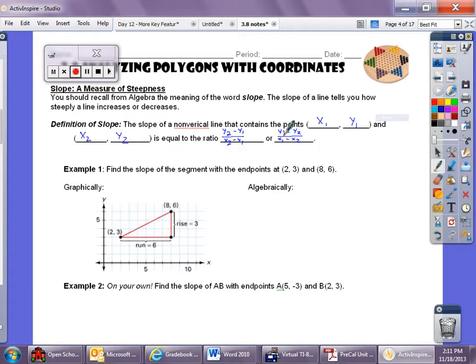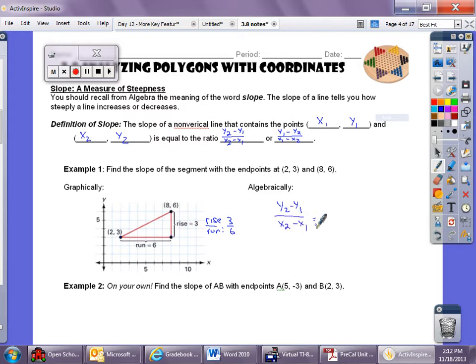Now finding slope, we can find it graphically or algebraically. Graphically, it goes over 6 and up 3, so it's rise over run. So the slope here is 3 over 6. Algebraically, we use our formula y2 minus y1 over x2 minus x1.